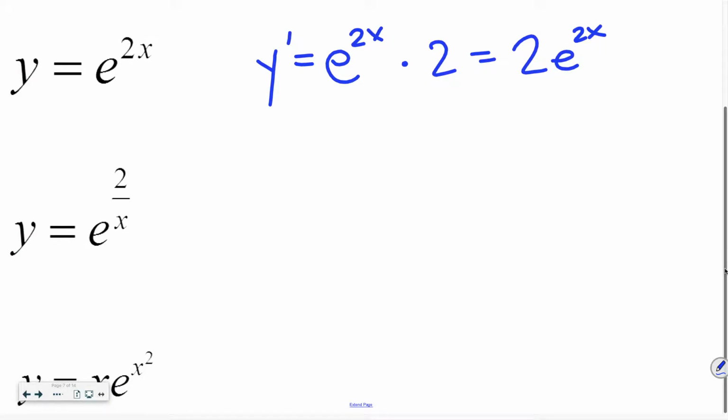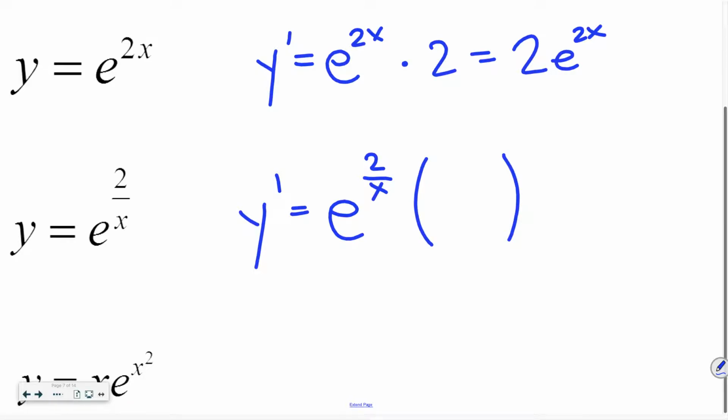Okay. Second example, y equals e to the 2 over x. Well, our derivative, if we have e to a power, we copy-paste, but then we need to apply the chain rule.